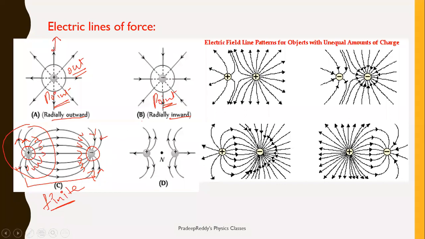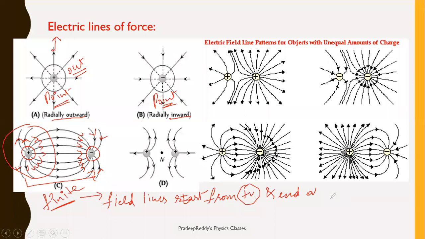So if you are taking two charges at a finite distance, what would happen? Field lines start from positive and end at negative.